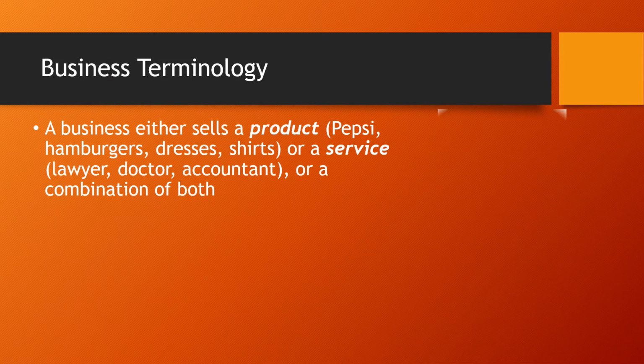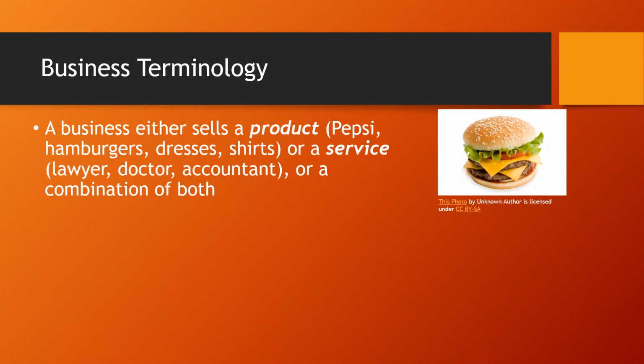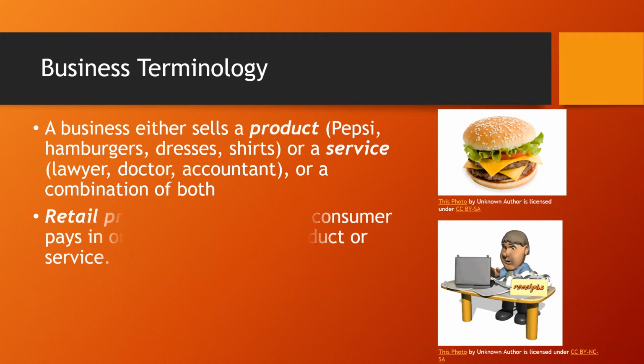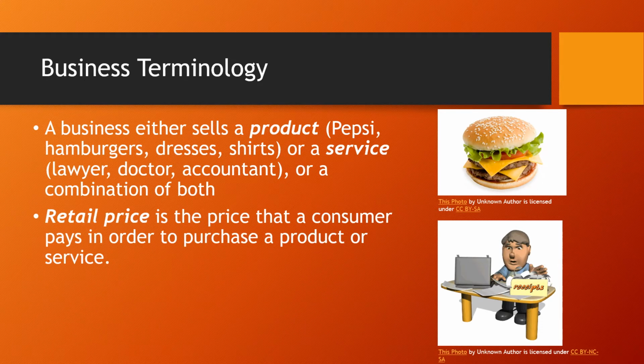Business terminology. A business either sells a product such as Pepsi, hamburgers, dresses, shirts, or a service, lawyer, doctor, accountant, or a combination of both. Retail price is the price that a consumer pays in order to purchase a product or service.